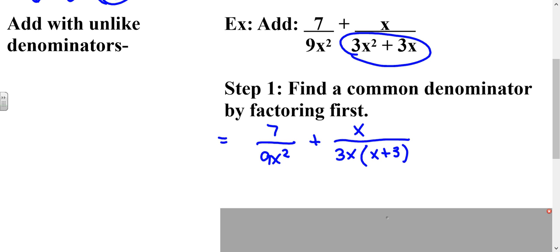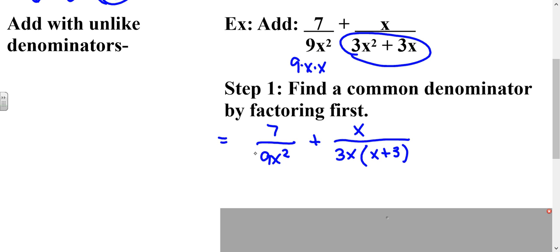Now, 9x squared, if it helps you, is the same thing as 9 times x times x. So it's kind of the same thing. Sometimes it helps people to break it apart and then sometimes it helps them just by looking at this. So if I'm looking at my two denominators, I have 9x squared, and I have 3x times x plus 3.